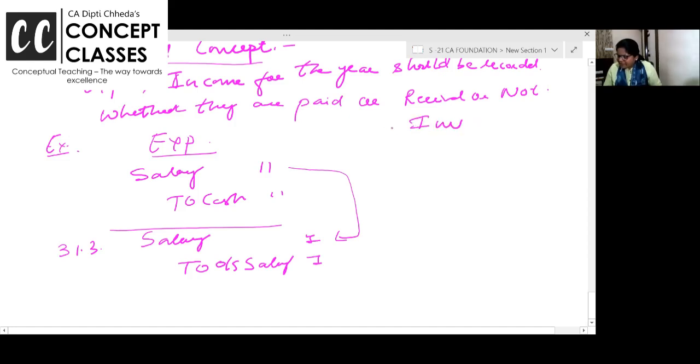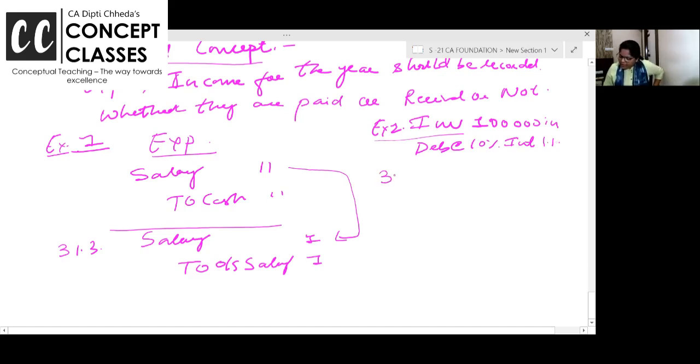Suppose I have an investment. Write down this example. Please write it down so that 2 months before the exam when you refer, you will not remember all my dialogues orally, so write them down. Example 2. Suppose I have an investment of 1 lakh rupees in debentures at the rate of 10% interest on 1st January.